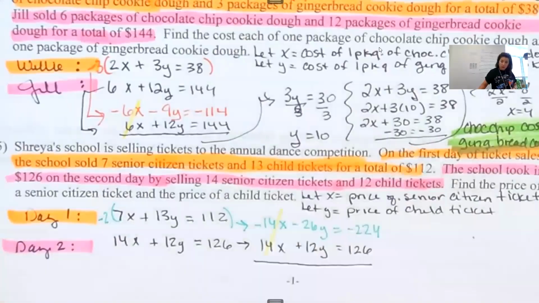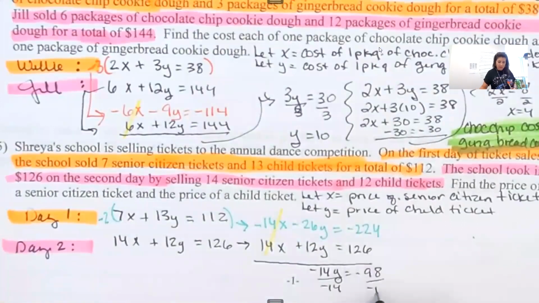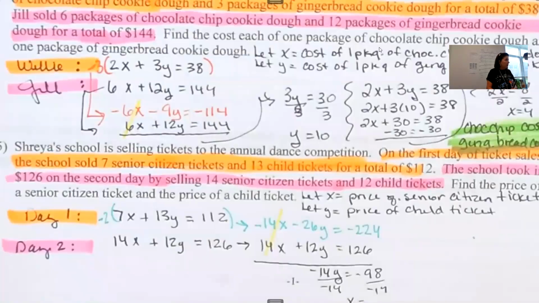Negative 26y plus 12y is negative 14y. And negative 224 plus 126 is negative 98. If you got a negative number here, would you think something might be wrong? If it said it cost negative $7, would you go, oh, that's weird, something might be wrong here? Because it can't cost negative dollars, right? All right, so it looks like the price of a senior citizen ticket is $7.